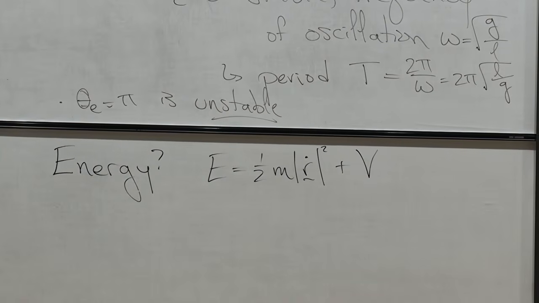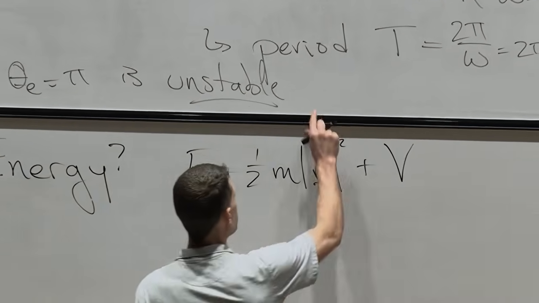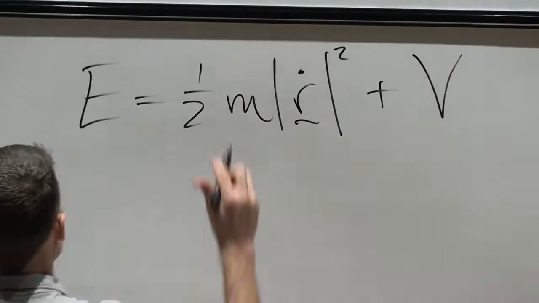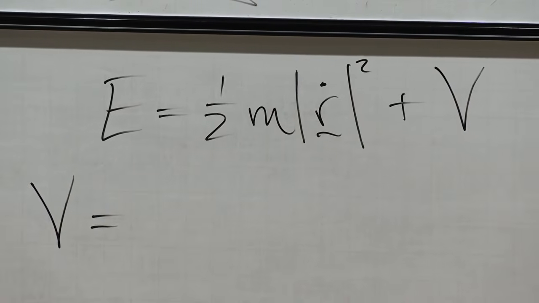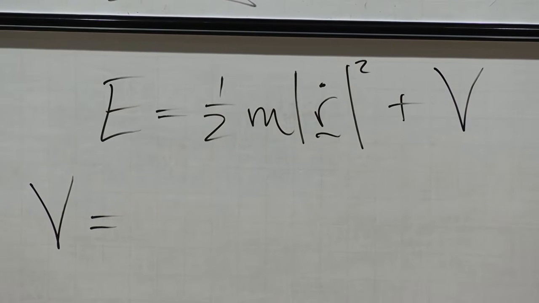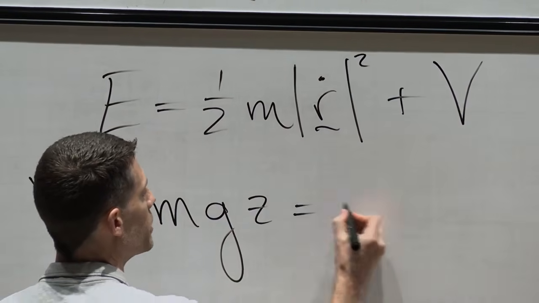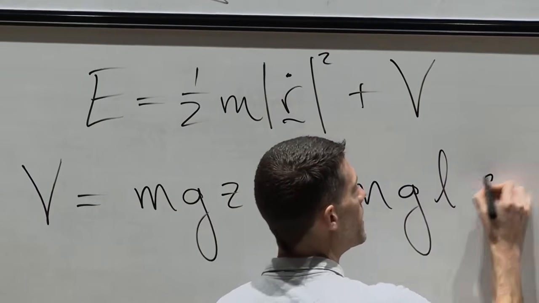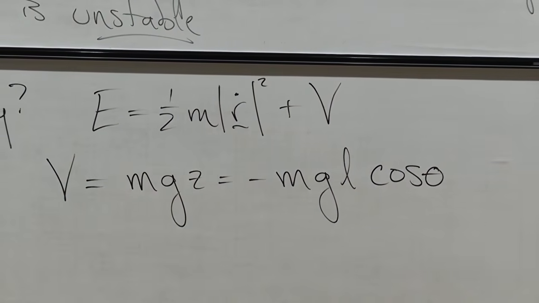So we do have the kinetic energy plus potential energy is going to be a constant, and here V, the only potential energy, is gravitational. So V, which is like the z coordinate, mgz, which is minus mgL cosine theta, the way we've oriented that.